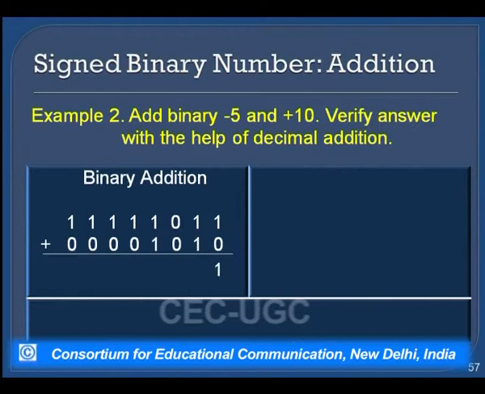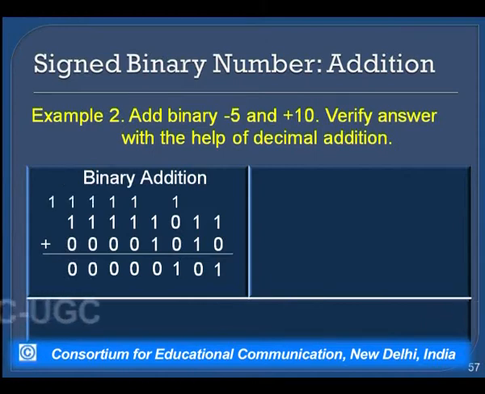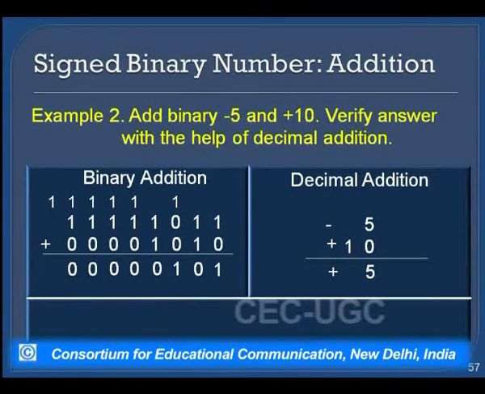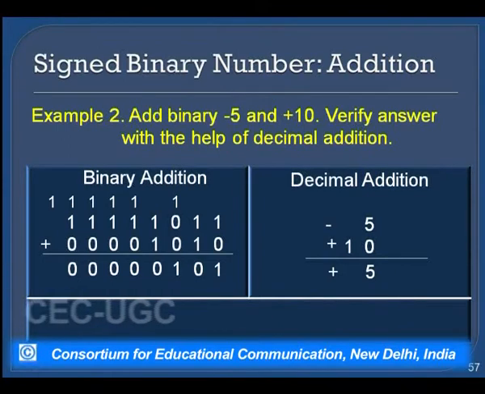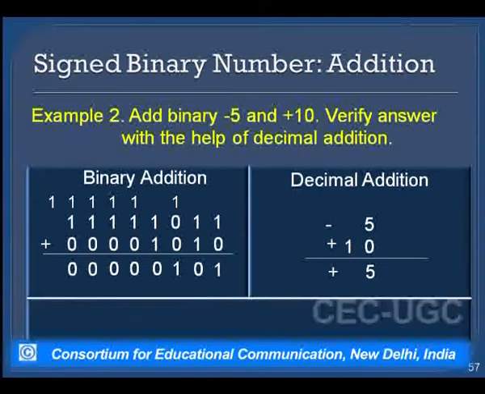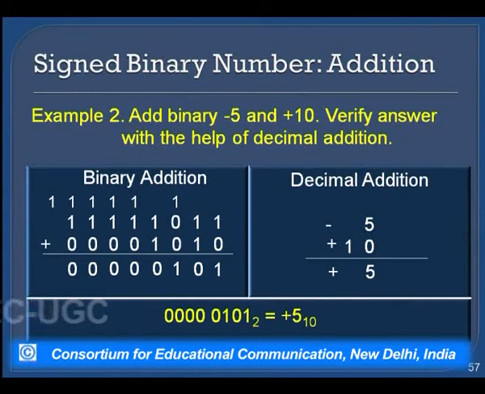Using the same rules of binary addition, we get a carry. The carry is ignored. But now we see that the result has 0 in the sign bit. So, it means this is a positive answer. Minus 5 plus 10 is plus 5.